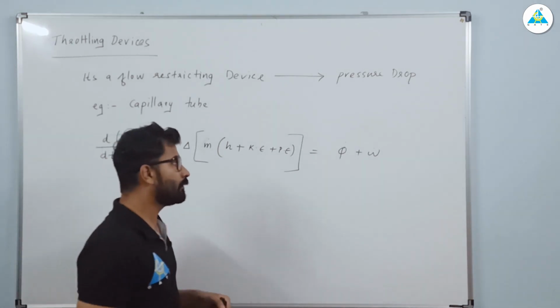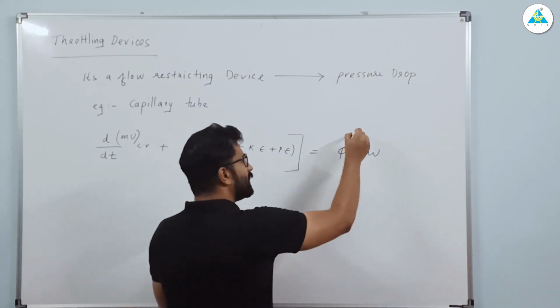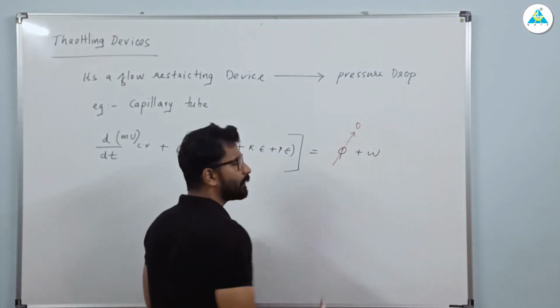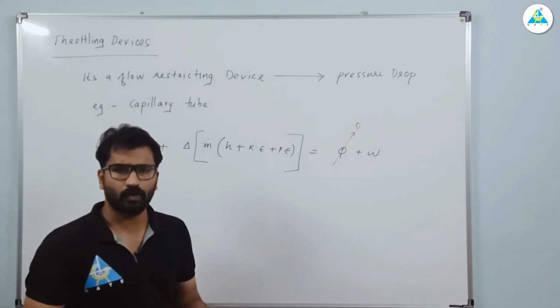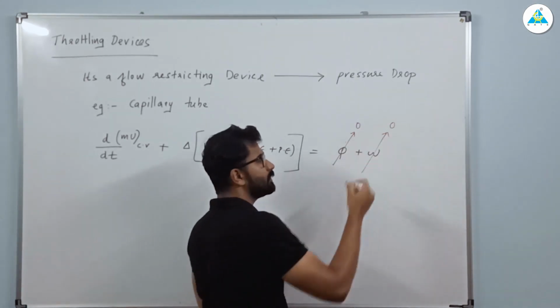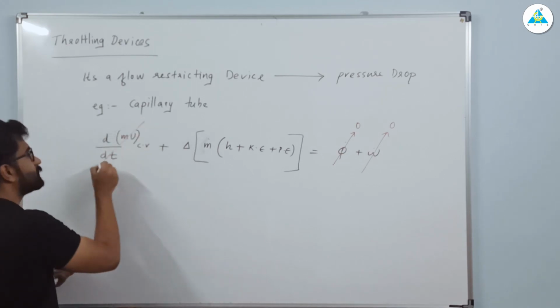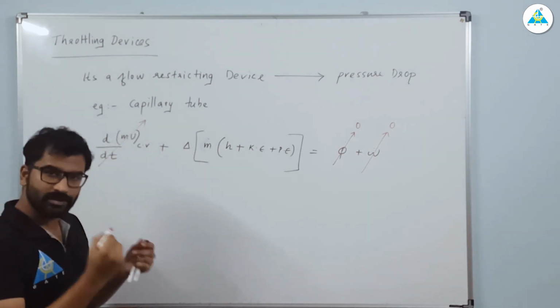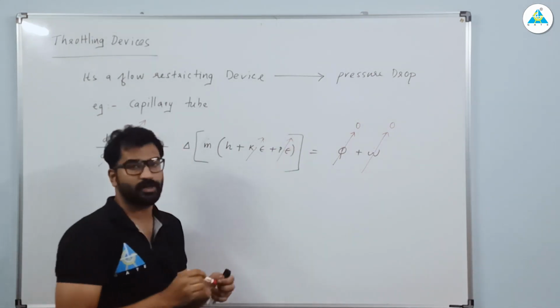The general assumption is that throttling devices are very small devices and we will consider them adiabatic. Normally we consider them adiabatic devices, so Q will be equal to 0, and generally we consider the work transfer also 0. And it's a steady flow device, so obviously the first term will also cancel out. Generally we don't consider the kinetic energy change and potential energy change.